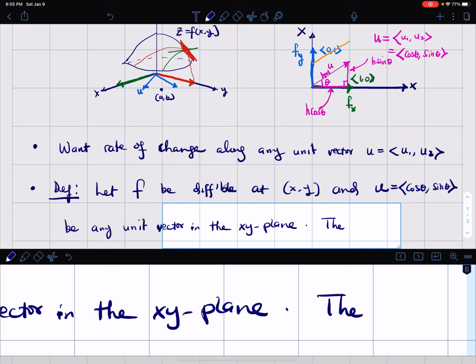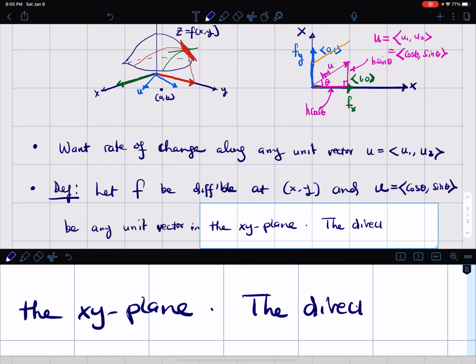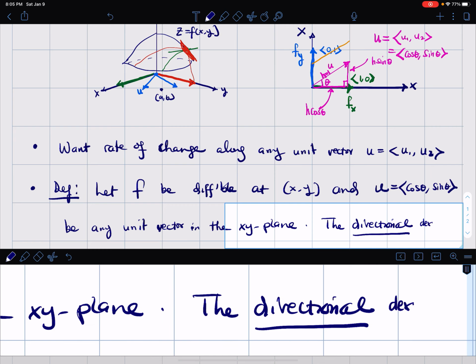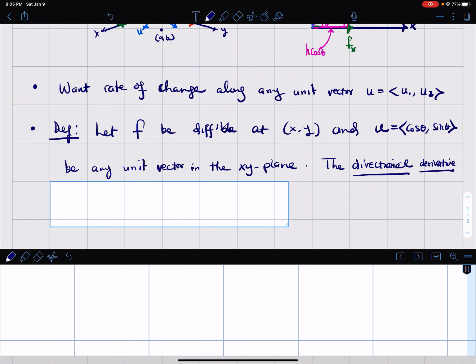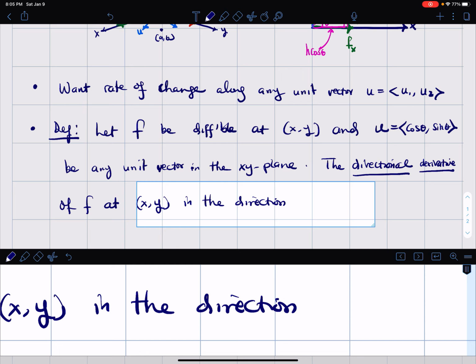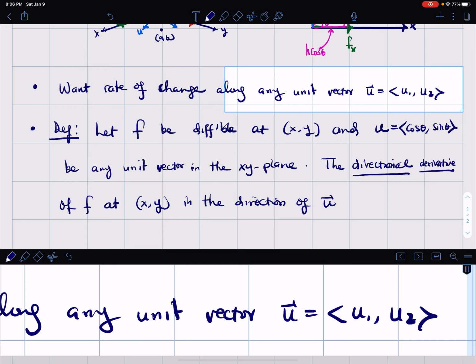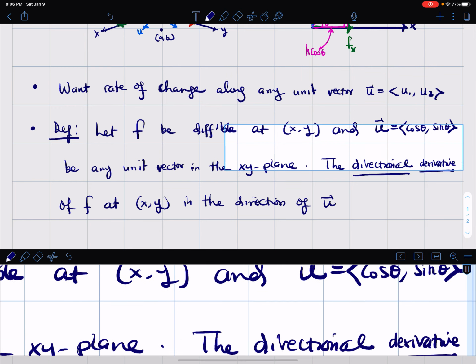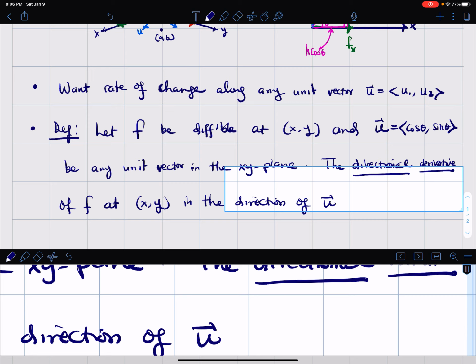The directional derivative of f at (x, y) in the direction of u. Call it u, in the direction of u. Well, we might as well put the arrow whenever we can remember it.